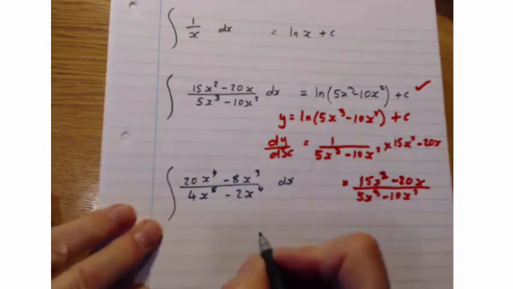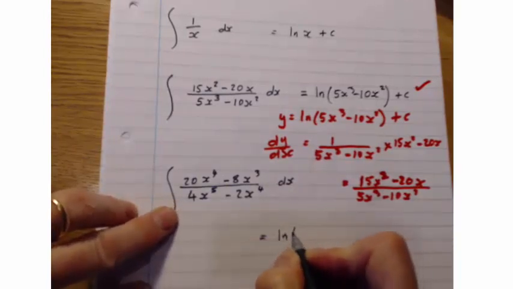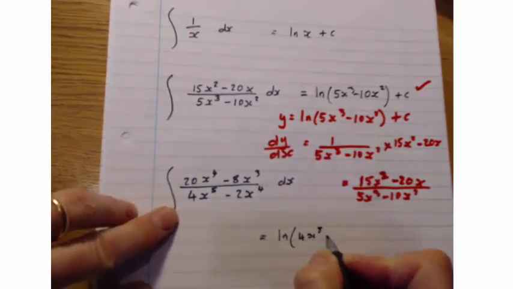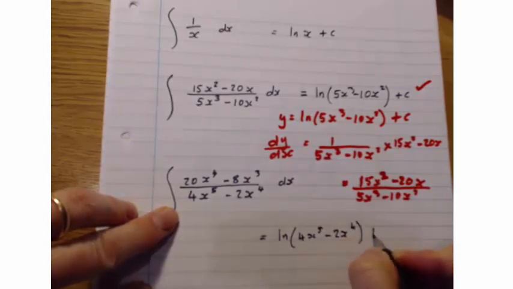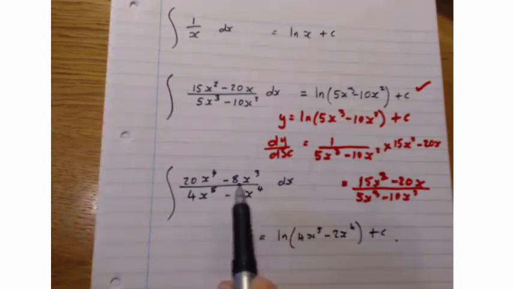Let's do another one. What's this going to be? This is going to be ln of 4x to the 5 minus 2x to the 4 plus c, because what do we notice? We notice that the top is the derivative.